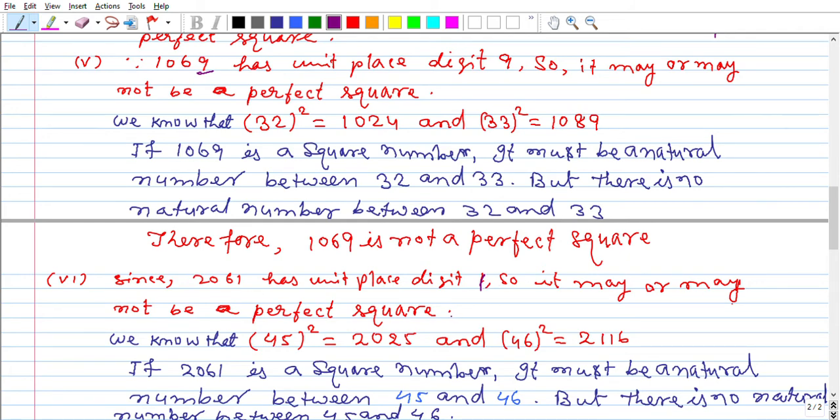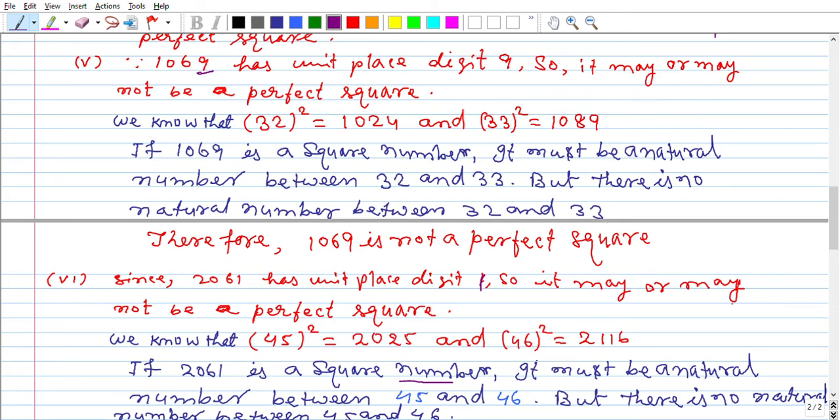Dear learner, we know that 45 square equal to 2025. Very good. And 46 square equal to 2116. That means 2061 lies between 2025 and 2116. If 2061 is a square number, it must be a natural number lying between 45 and 46.